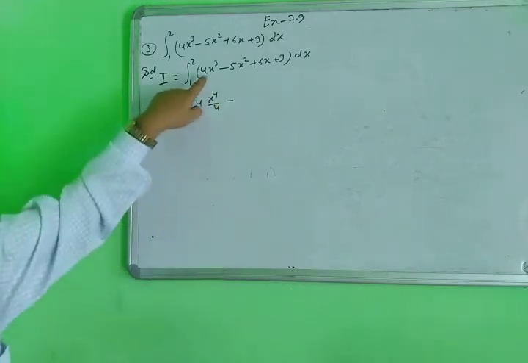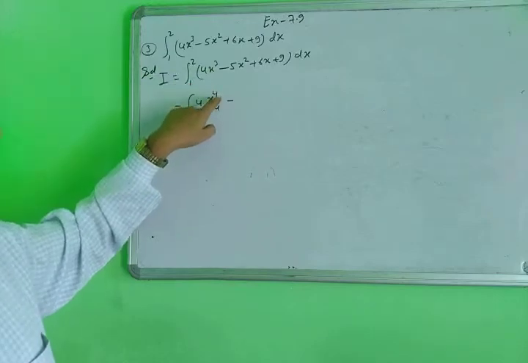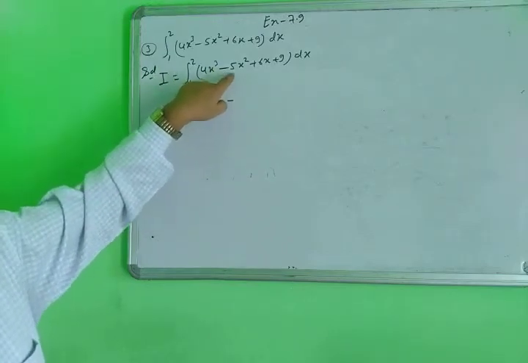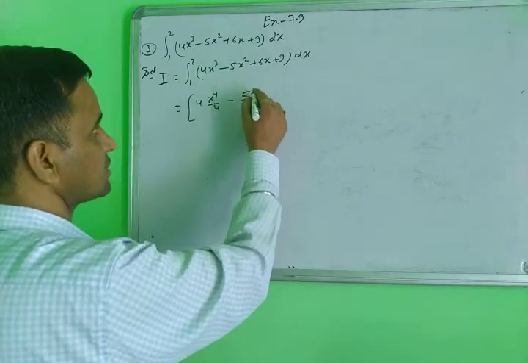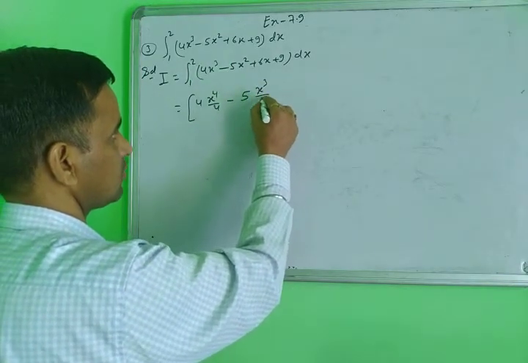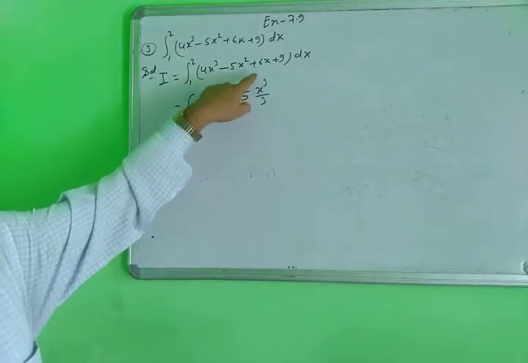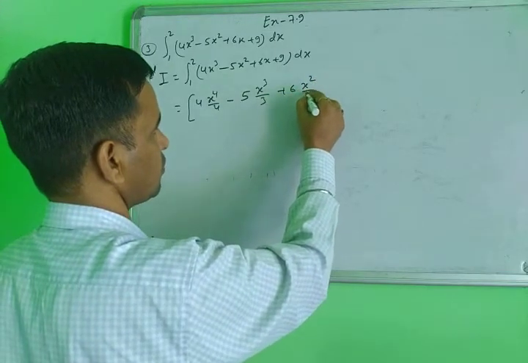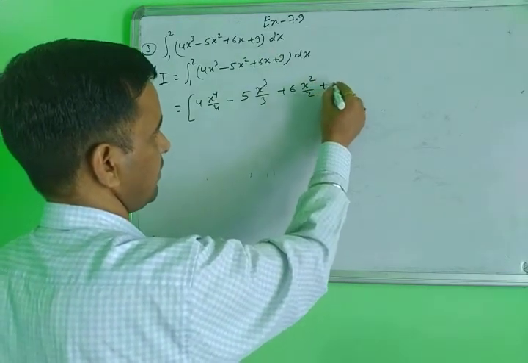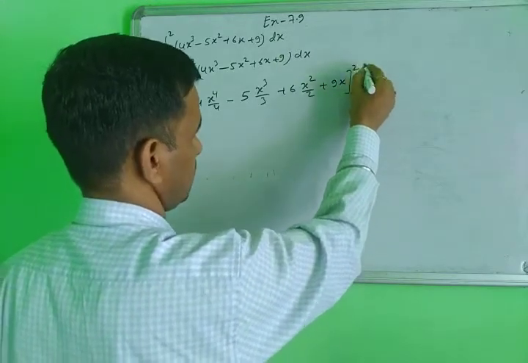Minus 5, the same number here, but the integration of x square is x cube upon 3, plus 6, and the integration of x is x square upon 2, plus 9x, from 1 to 2.